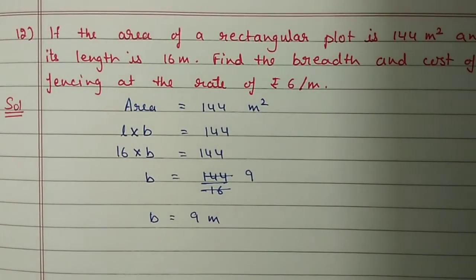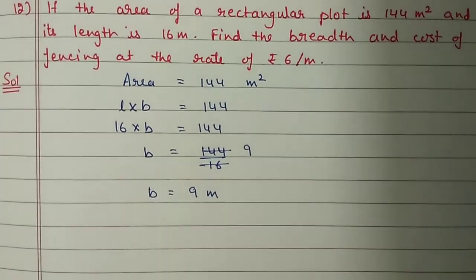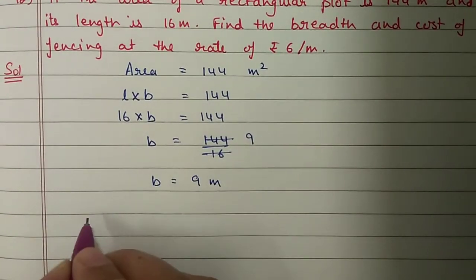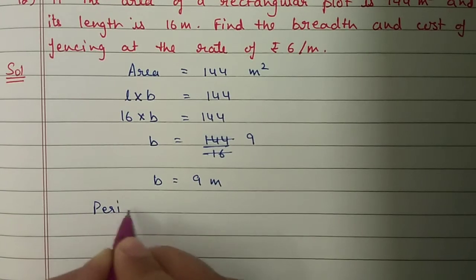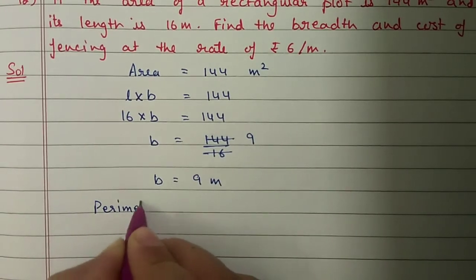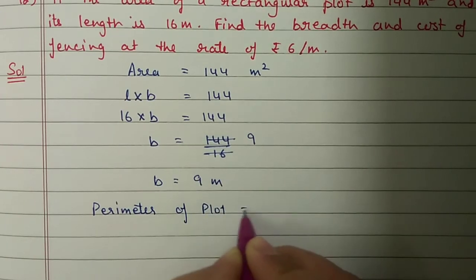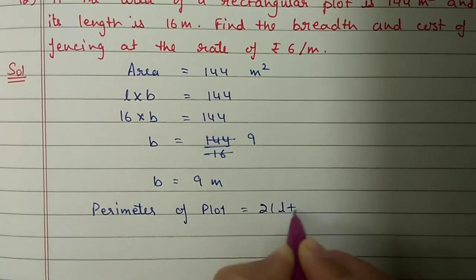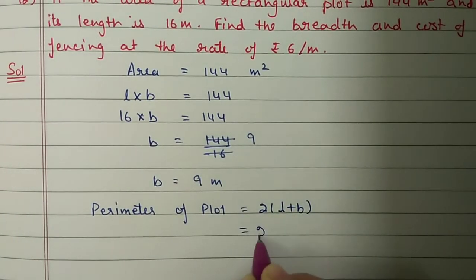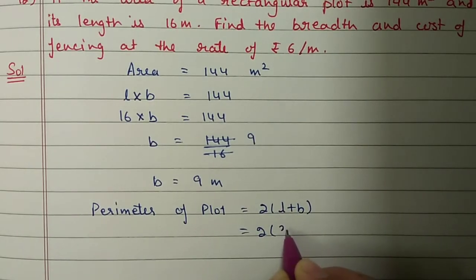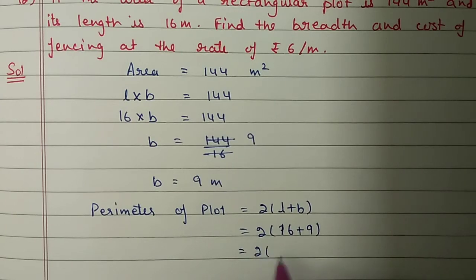So to find out the cost of fencing, we need to find out the perimeter first. So perimeter of land is equal to 2 into (L plus B), 2 into (16 plus 9), and 16 plus 9 is 25, and we'll get here 50 meter.